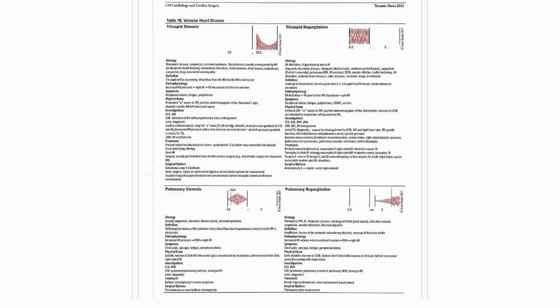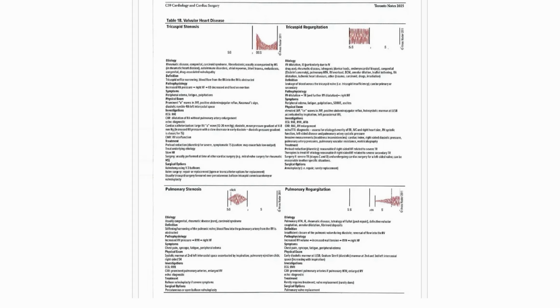Pulmonary regurgitation is the incomplete closure of the pulmonary valve during diastole, allowing blood to flow backward from the pulmonary artery into the right ventricle. Pathophysiology. The resulting volume overload increases right ventricular wall tension, leading to right ventricular hypertrophy and eventually right-sided heart failure.